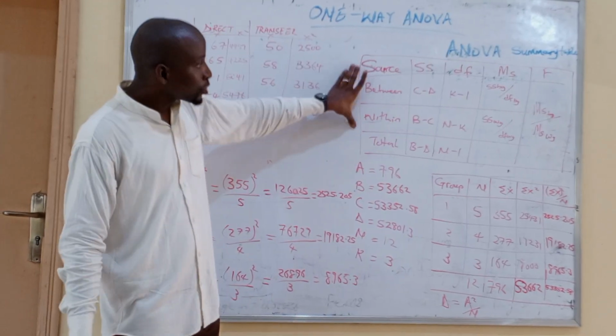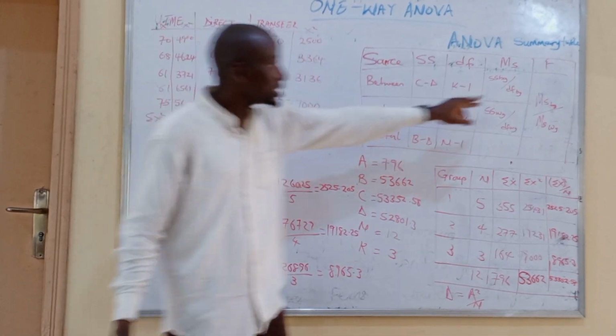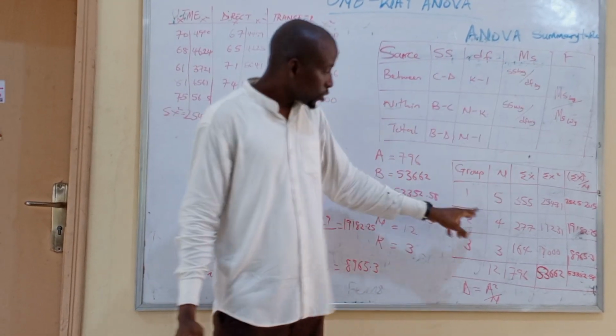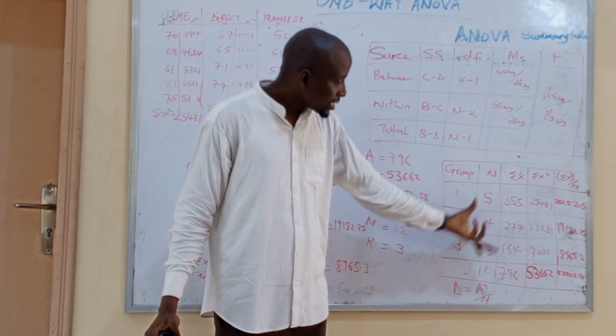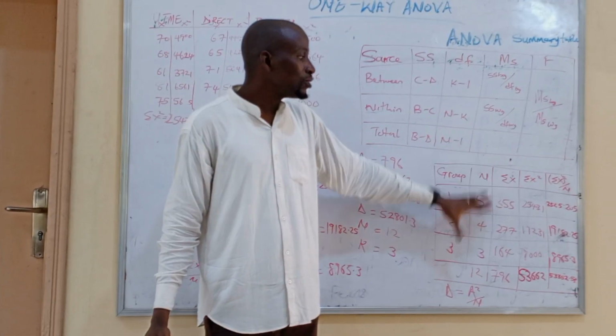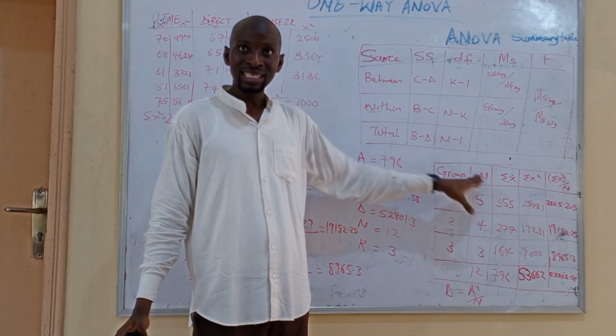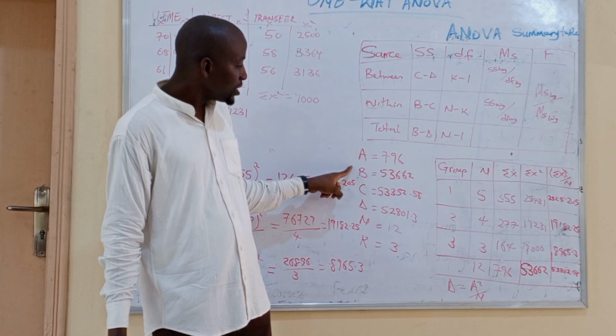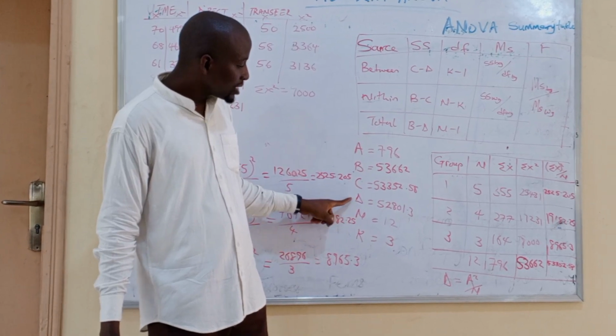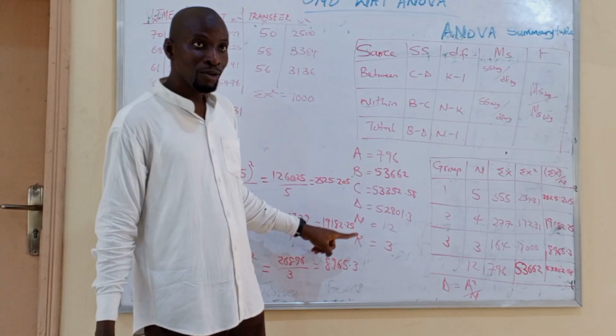For us to get to this final version, which is our F ratio, we need to compute all these computables. And this summary table here is the values that we need. Thank God we have attended to them. We have now gotten our A, our B, our C, our D, our N, and our K.